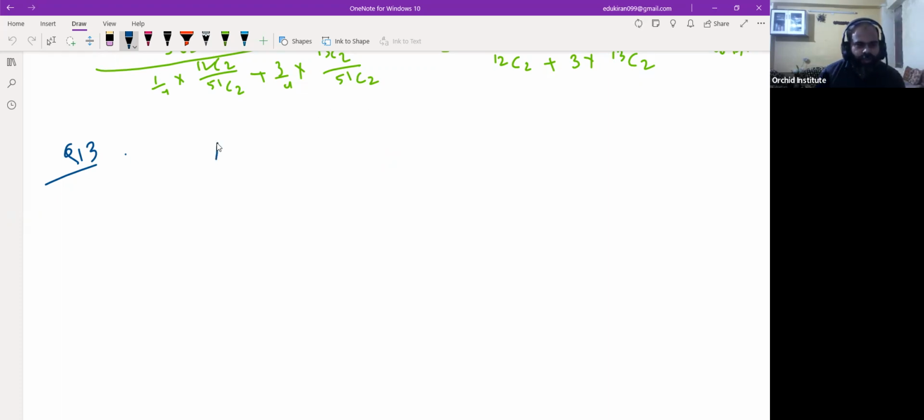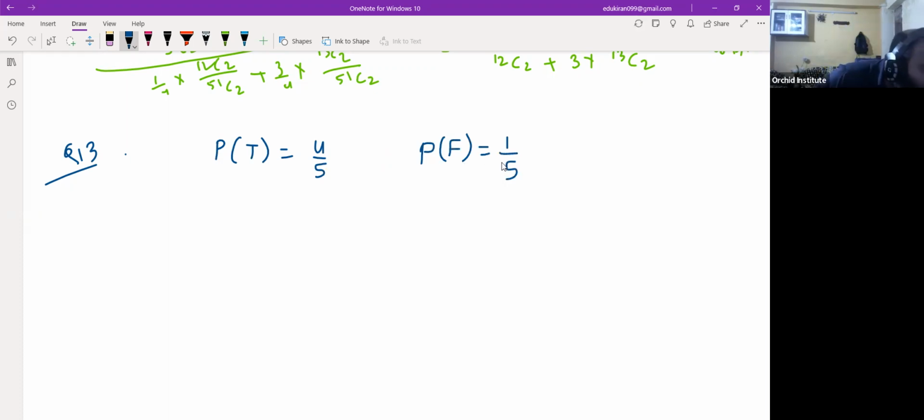So the probability that A speaks truth is 4 by 5. So what is the probability that he speaks false or lies? That is 1 by 5. Now a coin is tossed. A reports that a head appears. Now A reports, it is head or not head, we don't know.